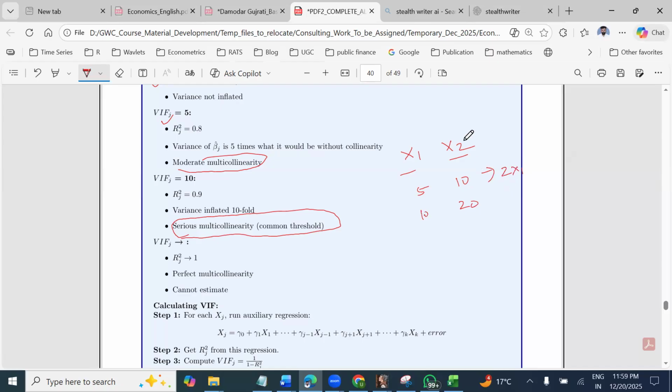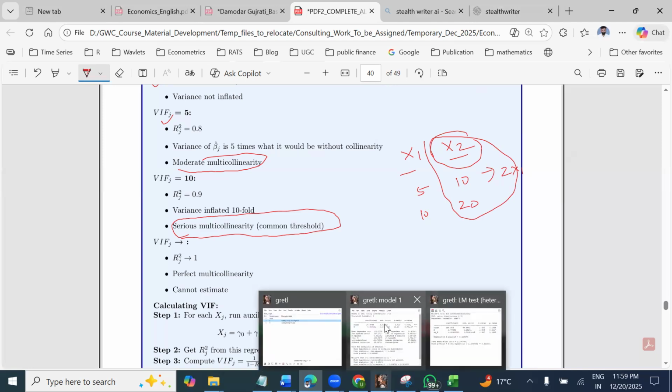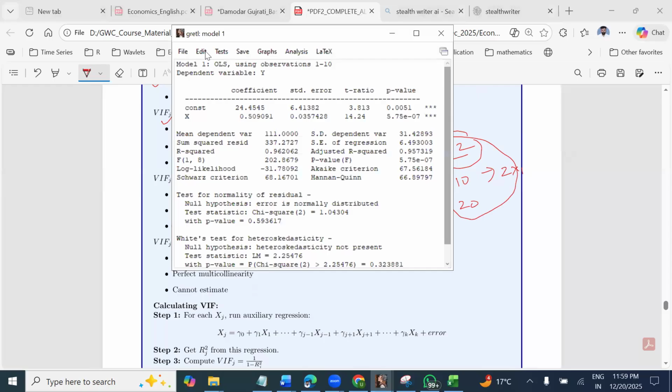If there is a multicollinearity problem, the software will automatically delete x2. It will only take one variable. That is why we will not go for a multicollinearity test in the test section. Is it clear?